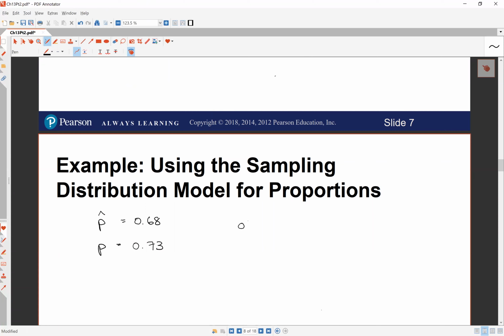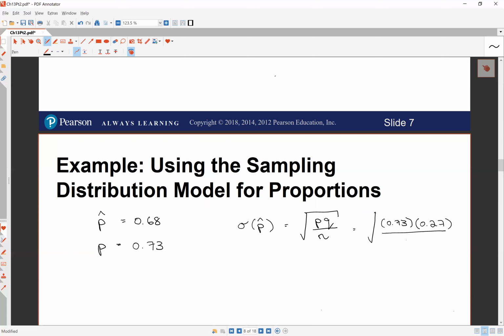And then finally, we need to calculate that standard deviation. You will remember from a previous class, this formula is given by the square root of p times q over n. q is just 1 minus p. And note, this is p from the population. So this is 0.73, and 1 minus p is equal to 0.27.